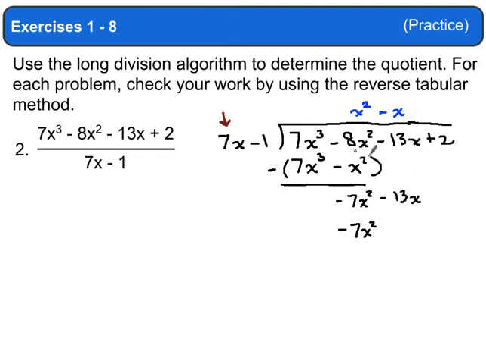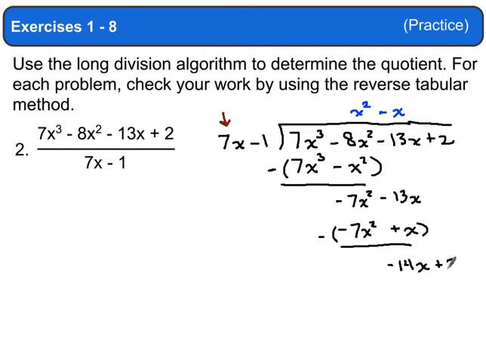Then negative x times negative 1 is positive x. Put those parentheses. We're going to subtract. We want these two to be the same because they'll go to 0. And negative 13 minus 1 is negative 14x.